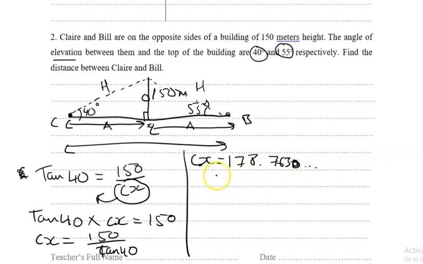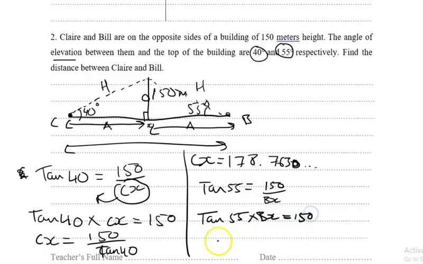Now we want to work out the length of BX. BX is going to be the same, so we have tan 55 equals opposite over adjacent. So tan 55 times BX equals 150.